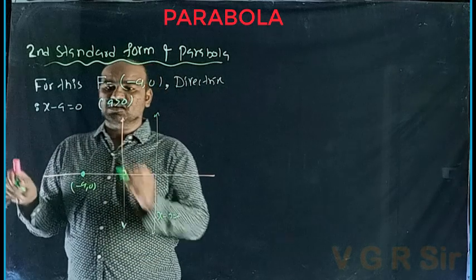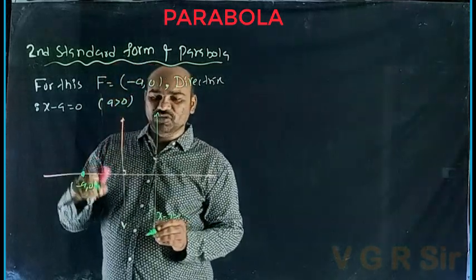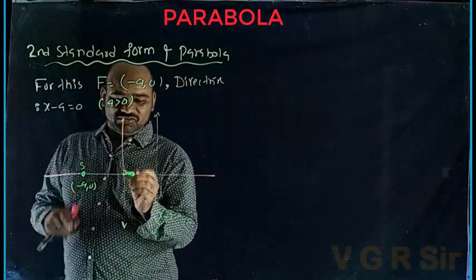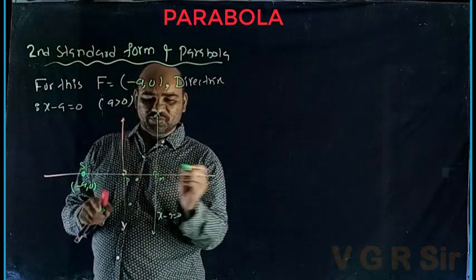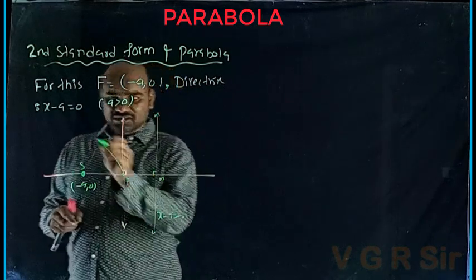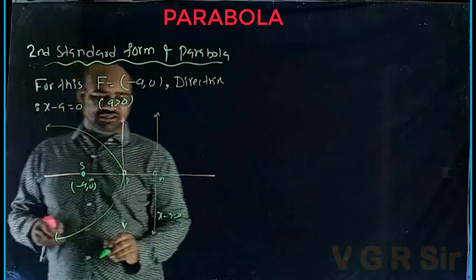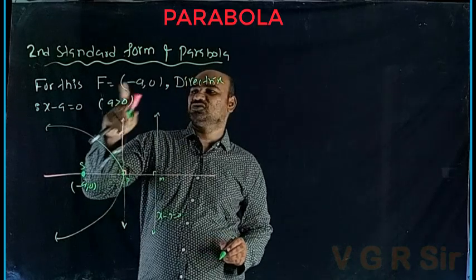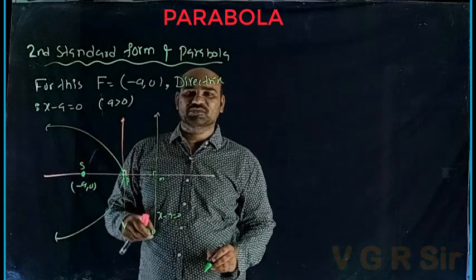Now we want to find the locus of P, so that the distance from P to S should be equal to the distance from P to the line. One of the points is here only, no? So for example, this is P, SP equal to PM. If you take all the points, your graph will be like this. So this is the graph of the standard parabola in this situation. Focus is minus a comma 0 and directrix is x minus a equal to 0.